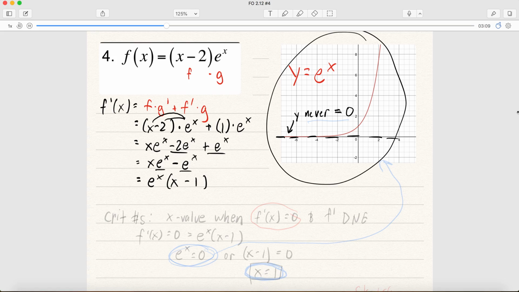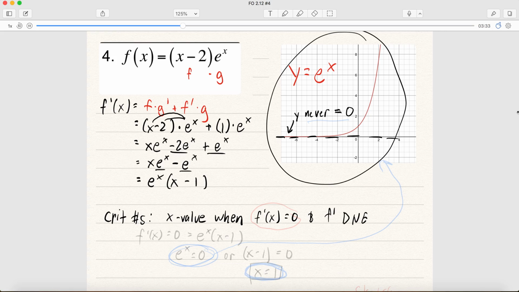Cool, now what we're doing is we found the derivative, and now I want to find the critical numbers. And we know that critical numbers are the x values when the derivative equals 0 and when the derivative does not exist.